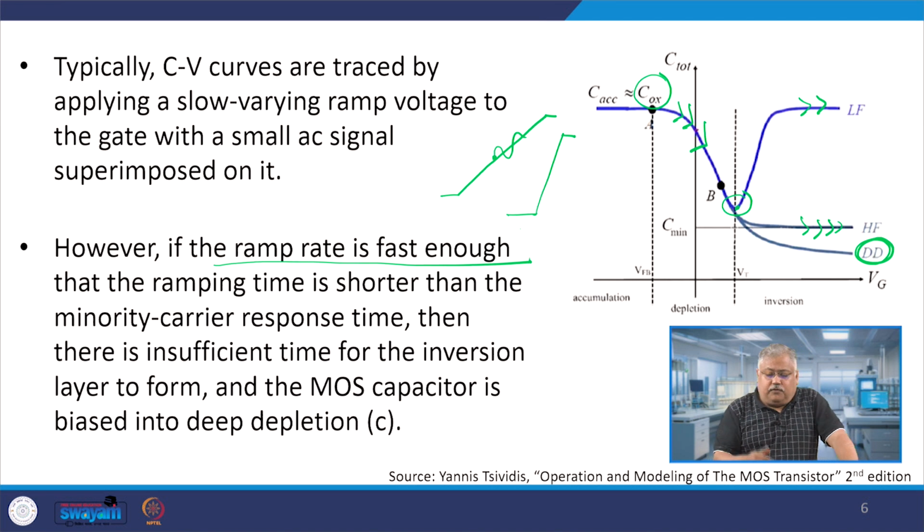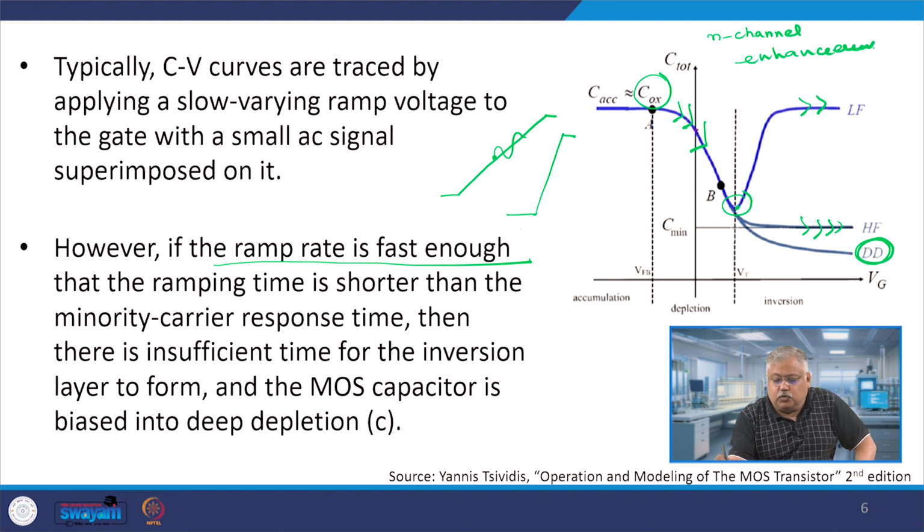So, if you just recapitulate what we did, at least for this part of the slide, if I take an N channel enhancement mode device, if you look very carefully, we actually have 4 regions of operation.